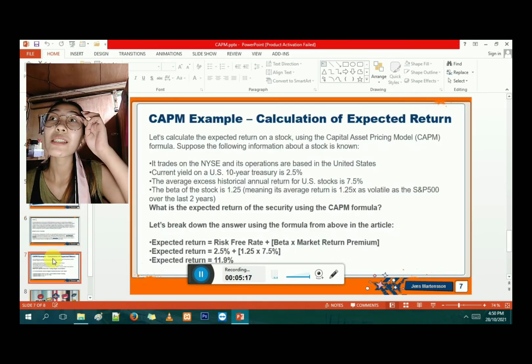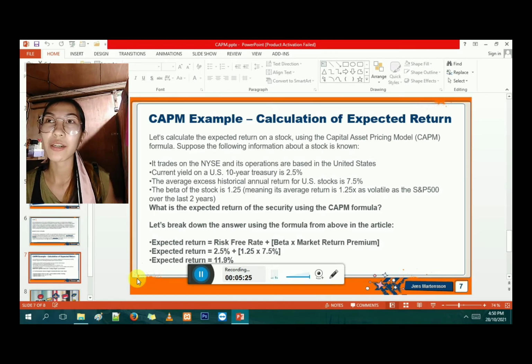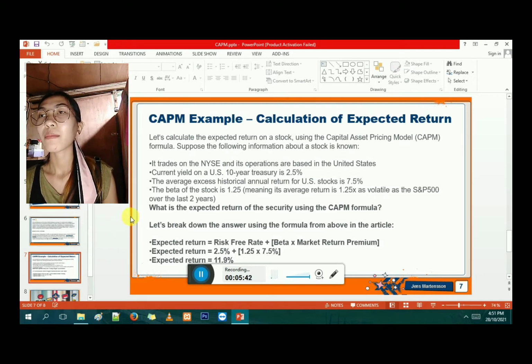Now, the next slide is the CAPM example. We have one example here, the calculation of expected return. Let's calculate the expected return on a stock using the capital asset pricing model, or CAPM formula. Suppose the following information about a stock is known. It trades on the NYSE and its operations are based in the United States. The current yield on a US 10-year treasury is 2.5%.